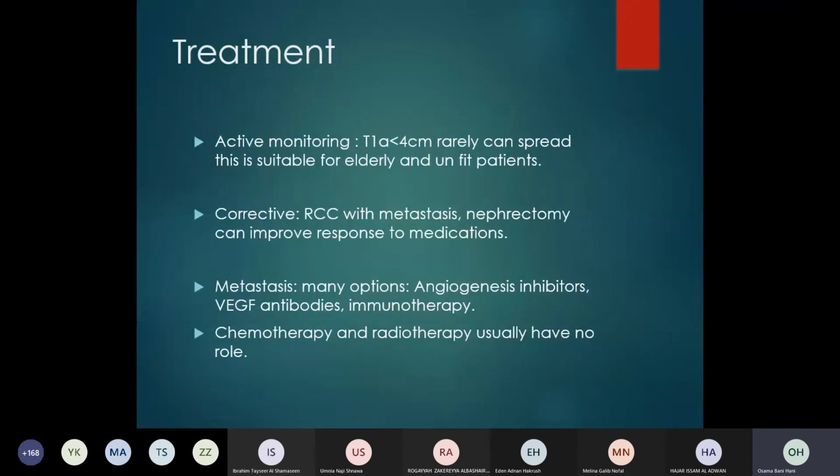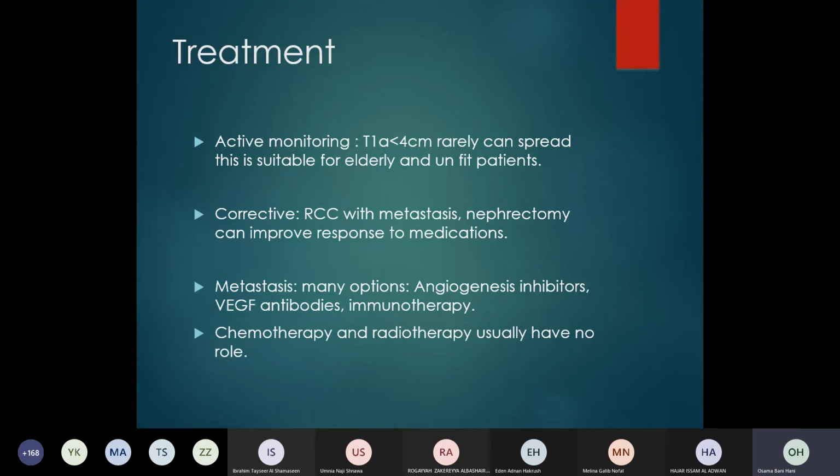Sometimes we don't go for surgery. One of the options that we have is active monitoring, which means just follow up, and you intervene whenever the patient is ready for surgery.